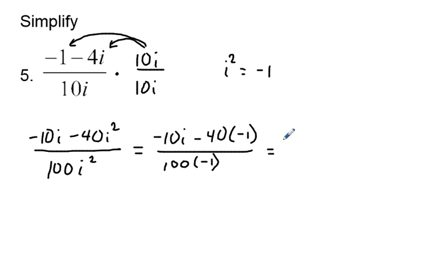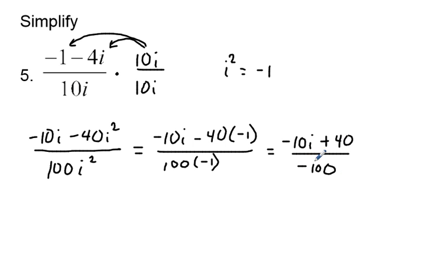And let's go a step further. Negative 10i. Negative 40 times negative 1 is positive 40. And 100 times negative 1 is negative 100.